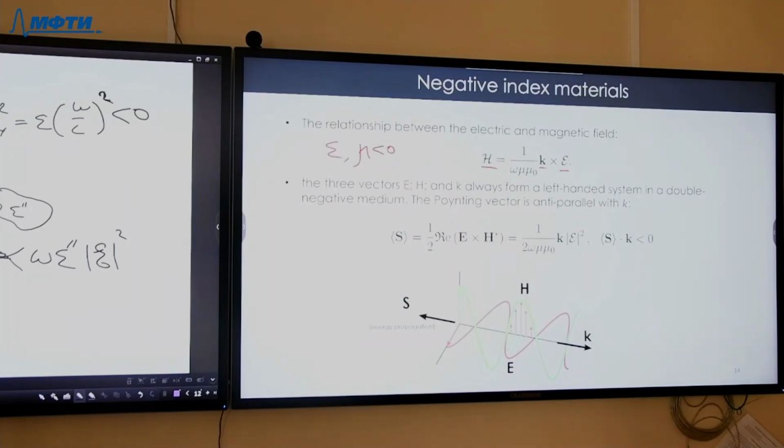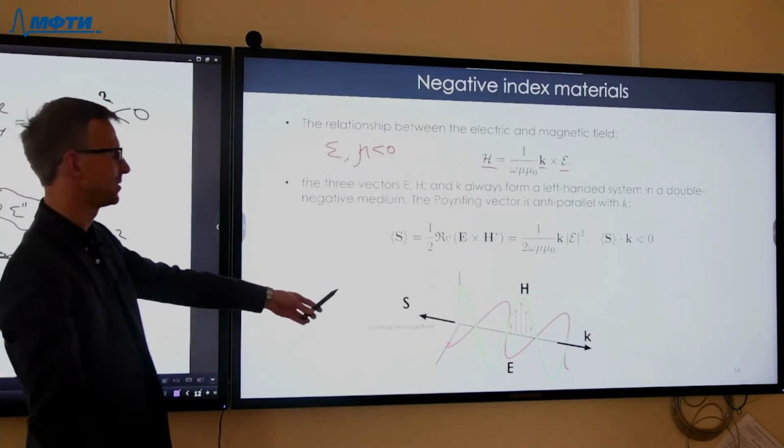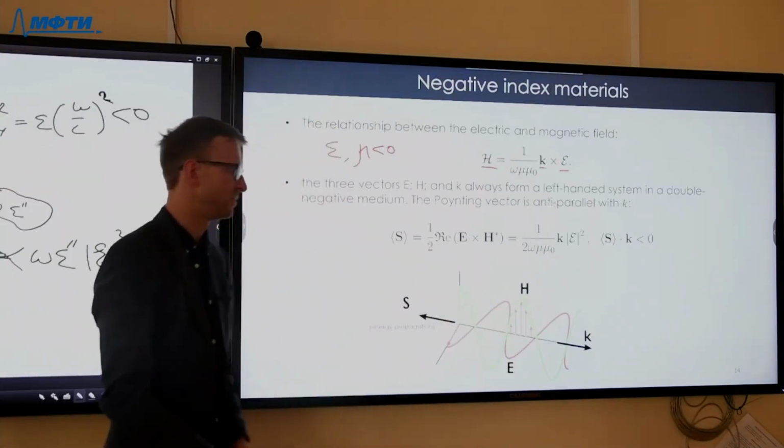Interesting, right? So if we were to visualize the relationship between all these four vectors now, electric field, magnetic field, K, and S, the Poynting vector, we would obtain the following picture in which the electric field, magnetic field, and K form a left-handed vector triplet, and the Poynting vector is anti-parallel with the wave vector.